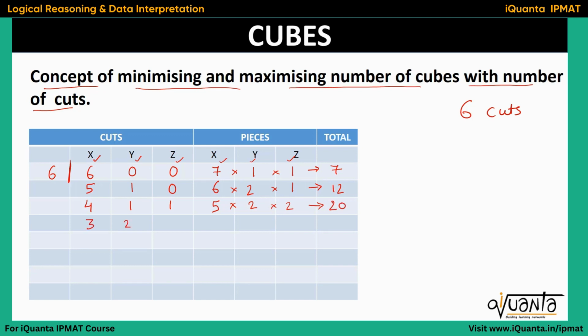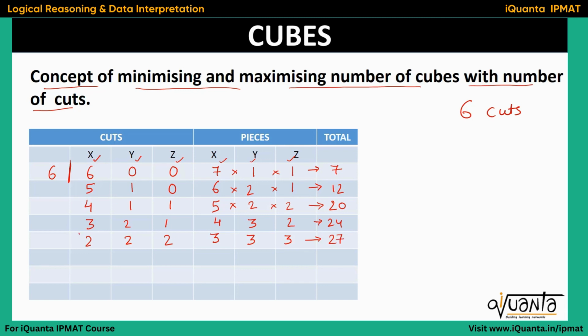Similarly, 3 cuts here, 2 cuts here and 1 cut here would give us 4 pieces, 3 pieces and 2 pieces, that means 24 total pieces. If we give 2 cuts here, 2 here and 2 here, then the number of pieces would be 3, 3, 3. So the total number of cubes obtained here would be 27 cubes.